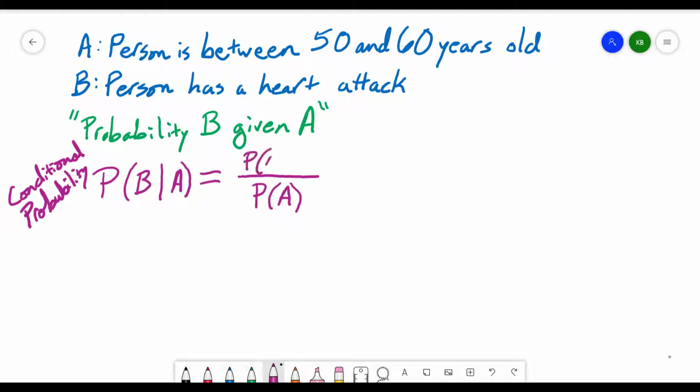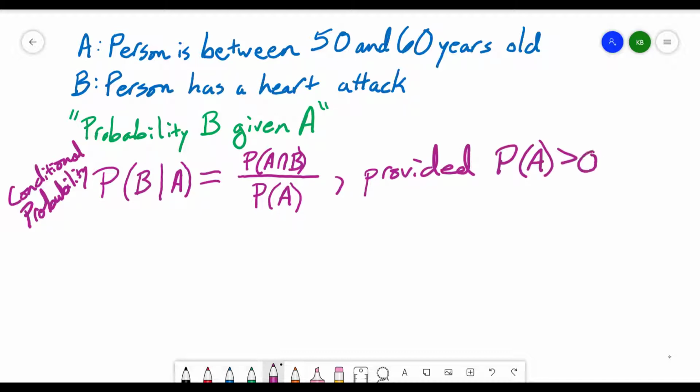My favorable outcomes is actually the probability of A and B, that intersection. Now notice the probability of A is my denominator, so I have to have the probability of A not being 0, so it has to be greater than 0.